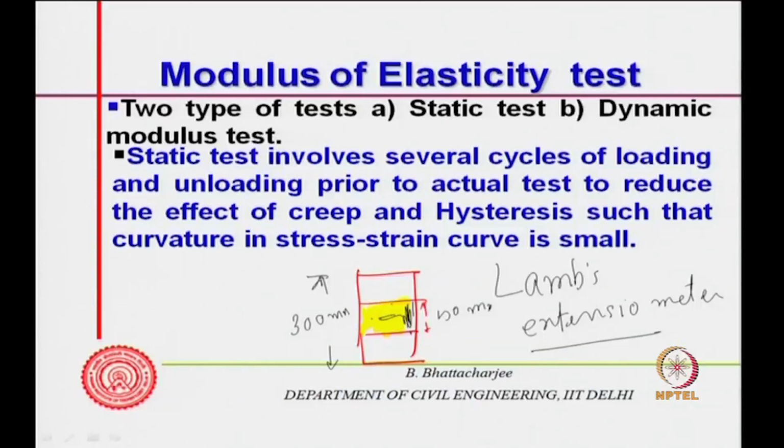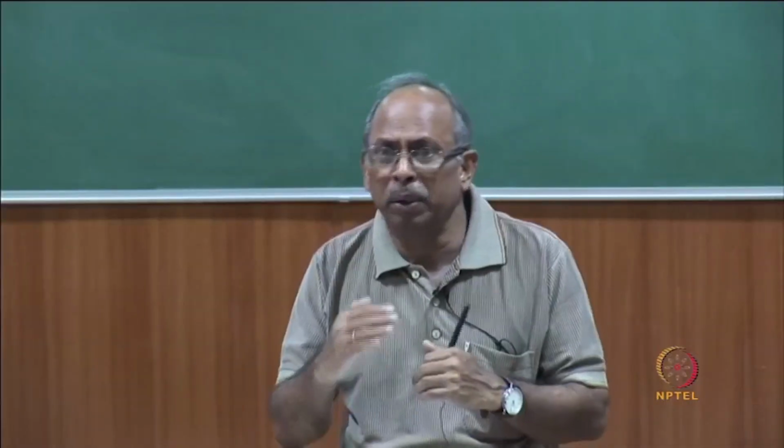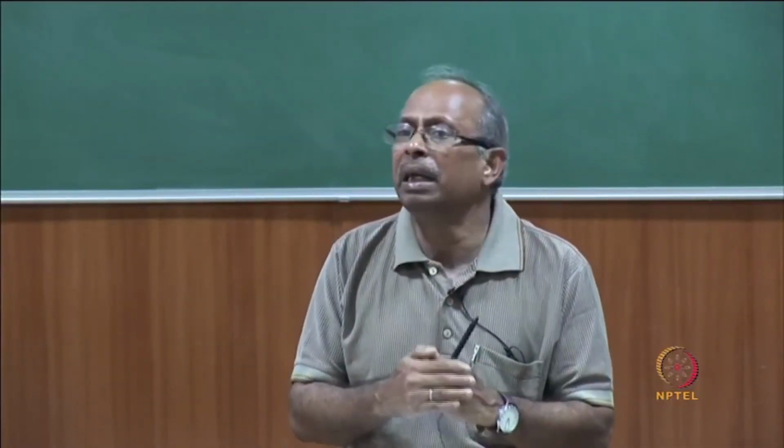Within the small range. But before doing that, you crush the cylinder to find out the cylinder failure strength, fcyl, and then load it up to 1/3 of the cylinder strength, and then unload it. These cycles were repeated, first of all, so that there is no deformation right in the beginning because of plates settling down and things like that.